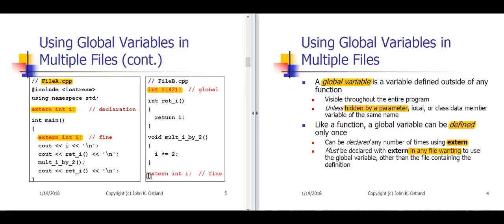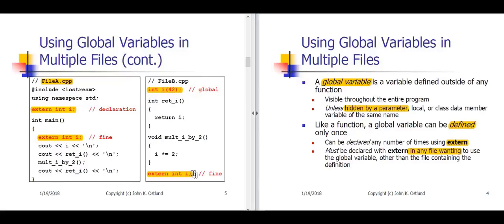And even in the file where we defined i as a global int, we're saying extern int i, and this is also fine. So you can have thousands of extern int i's strewn around through your source code files, as long as you have exactly one int i definition in exactly one of the files involved in your program.